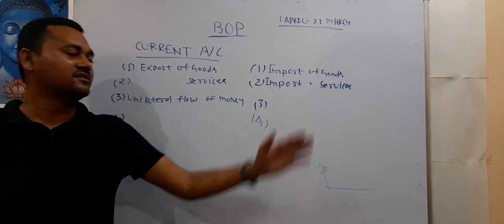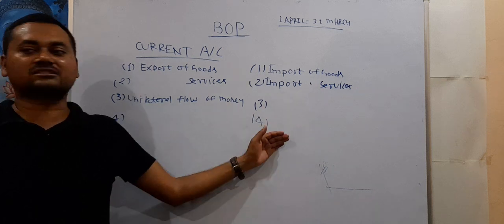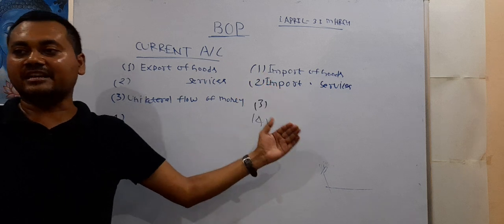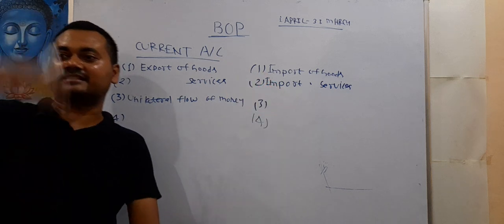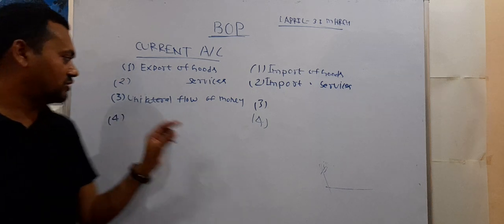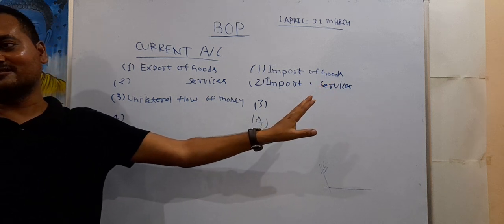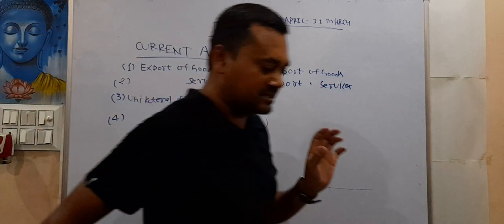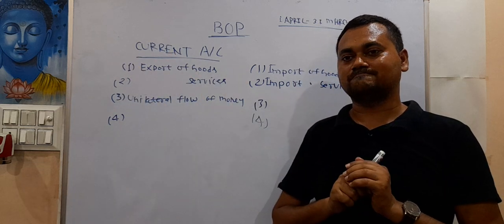They have their branches or their institutions, their subsidiaries in India, and earning the money and sending the money in their respective countries. So the money is coming and the money is going. These are the four components. Those are counted under the current account.